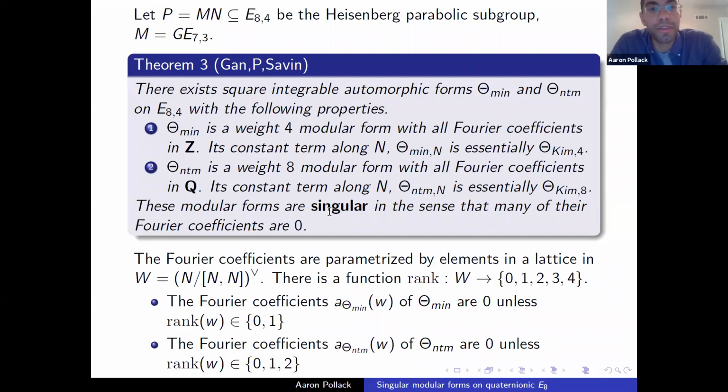First of all, I should say that I should prove integrality, and it's just by not doing enough work that I have rationality as opposed to integrality. So it should be true that the Fourier coefficients are integers. The way one does it is all of these special automorphic forms are defined as special values or residues of degenerate Eisenstein series, and the calculation of their Fourier coefficients is just an explicit computation with the Eisenstein series.